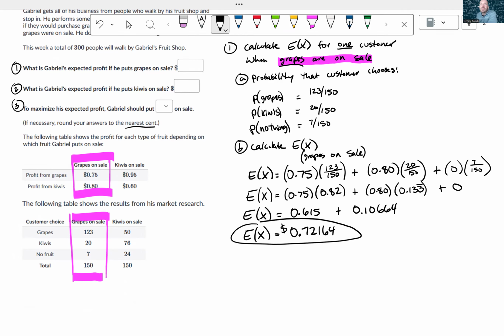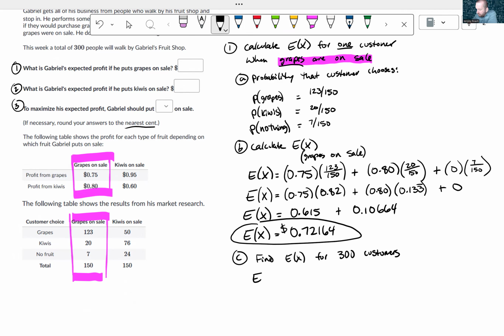Now it says this week 300 people walk by his shop. So now we want to find how much that would actually be for 300 people. That's why I left this decimal further than just writing 72 cents, because now we can be even more exact. We want to find the expected value for 300 customers, or 300 people.